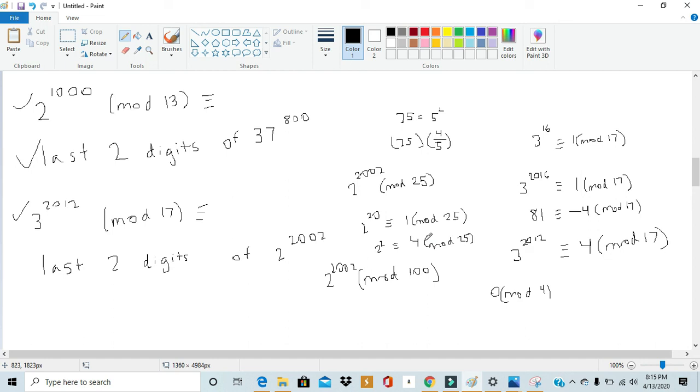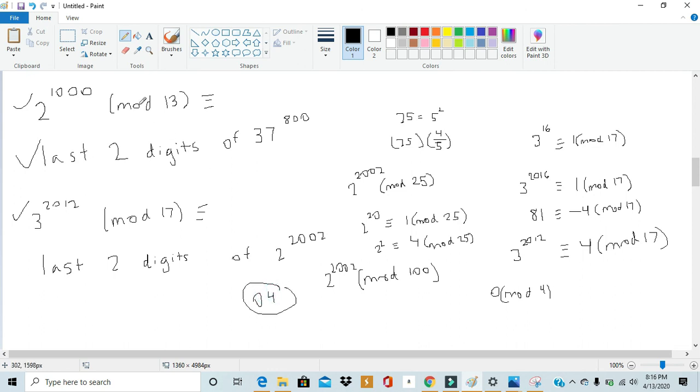Well, 25 times 1 plus 4 would give us 29, which is not 0 mod 4. 25 times 2 would give us 50 plus 4, which is 54, also not a multiple of 4. And then 25 times 3 would give us 75 plus 4, which is 79, also not a multiple of 4. So then we see that the only way this would work is if the last digit is 4. So then the last two digits would be 0, 4.